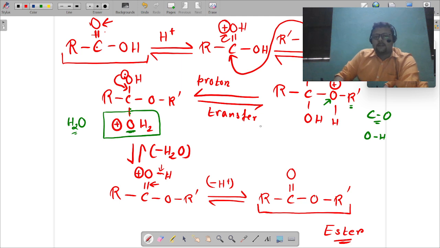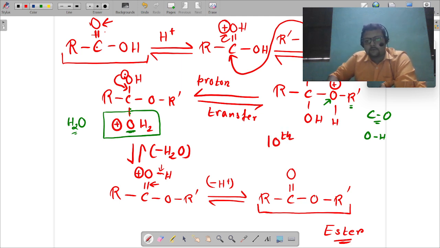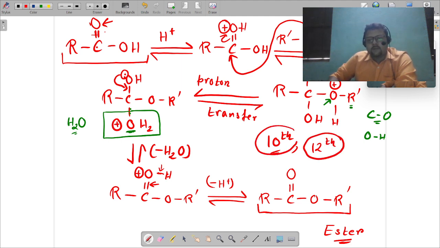Now this reaction itself is present in 10th standard, but the mechanism is actually present in the 12th standard. But even if you are a 10th student, it will not hurt to learn about this mechanism, because this reaction actually has a more practical application in our daily life.